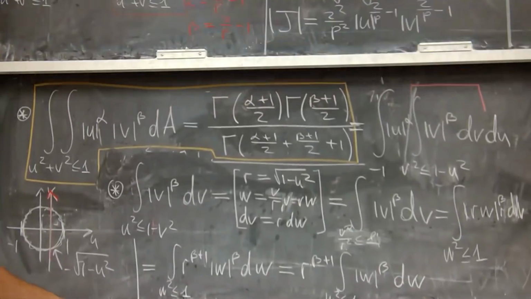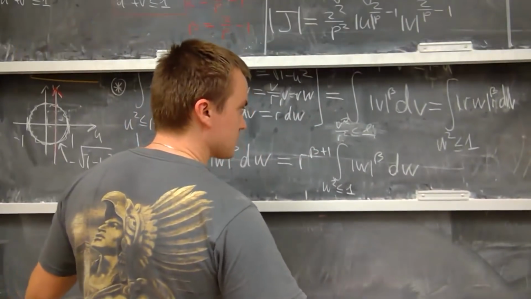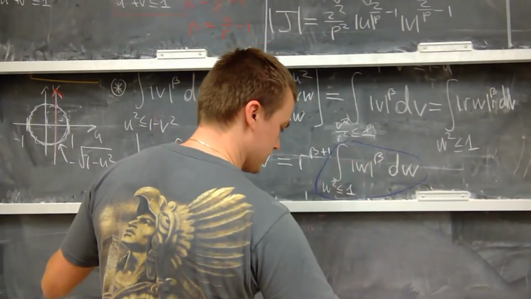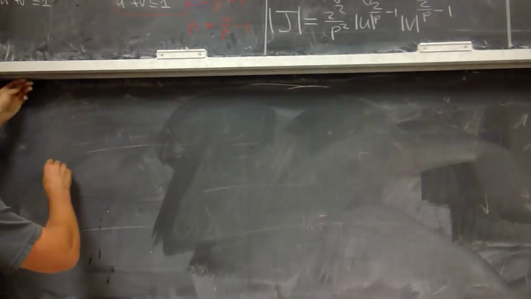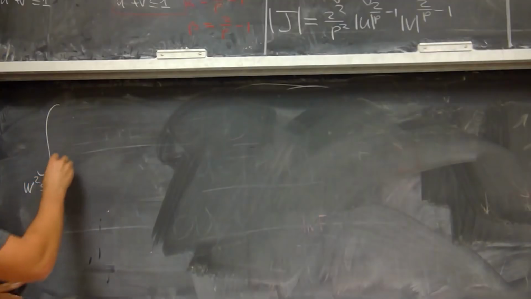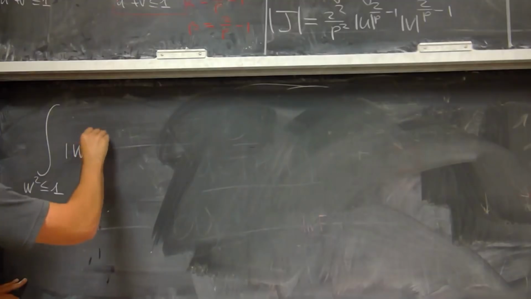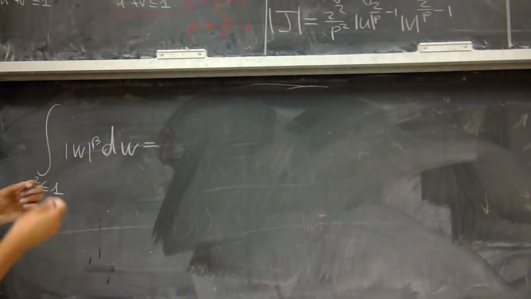So again, what I'm doing is computing the integral inside. The only last part that I need to do is compute this integral. So let's compute this integral separately. I will have the integral over w squared less or equal than 1 of w to the power of beta dw. I'm integrating from -1 to 1.